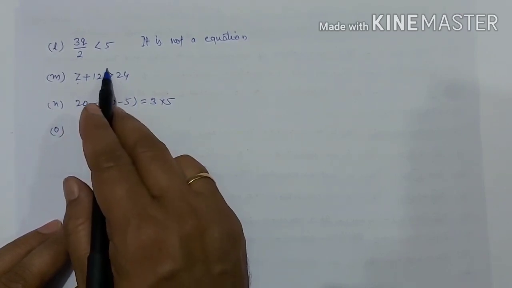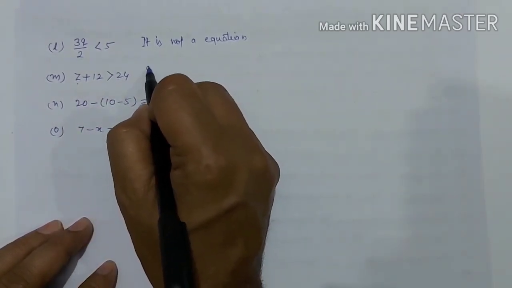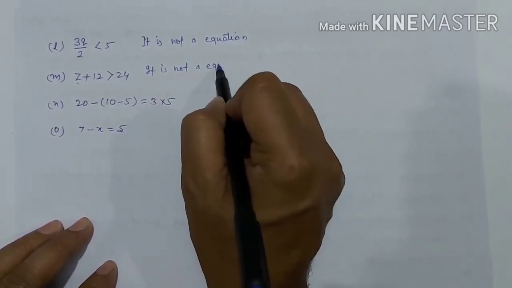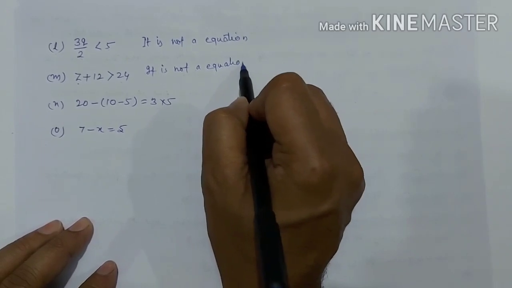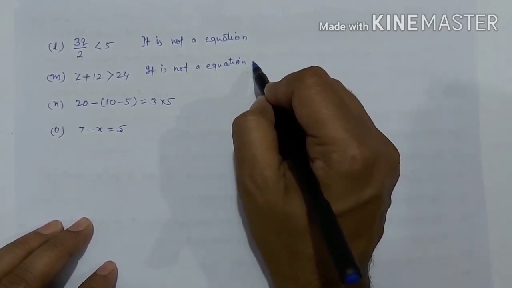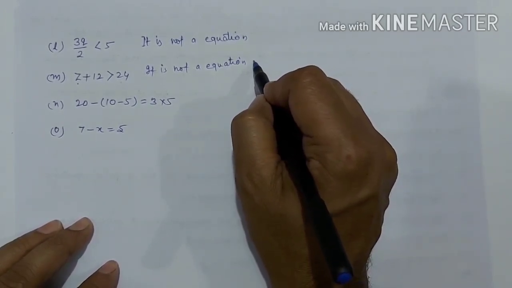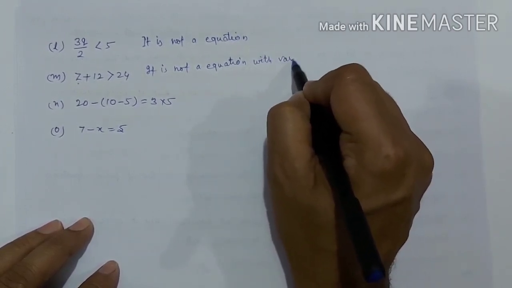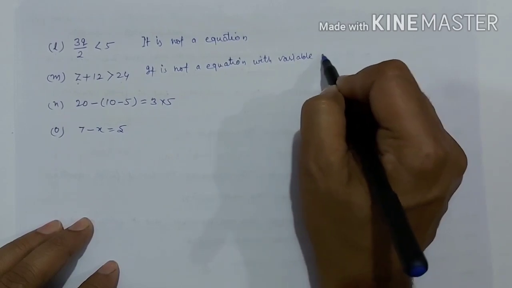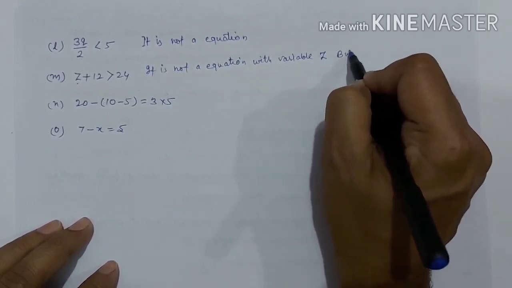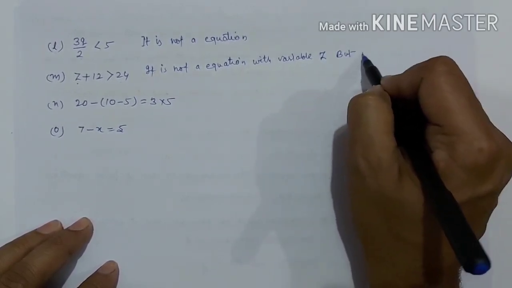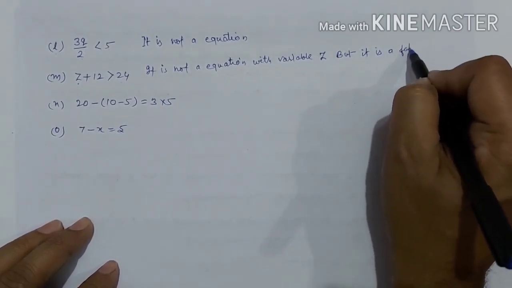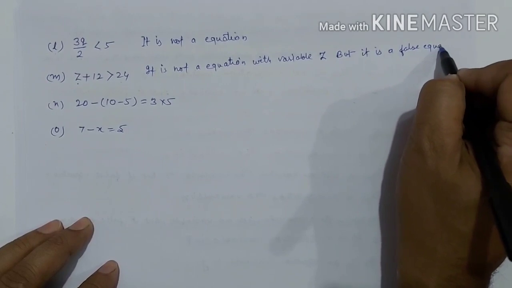Here there is no equal to sign, it means it is not an equation. The variable is z, but it is a false equation.